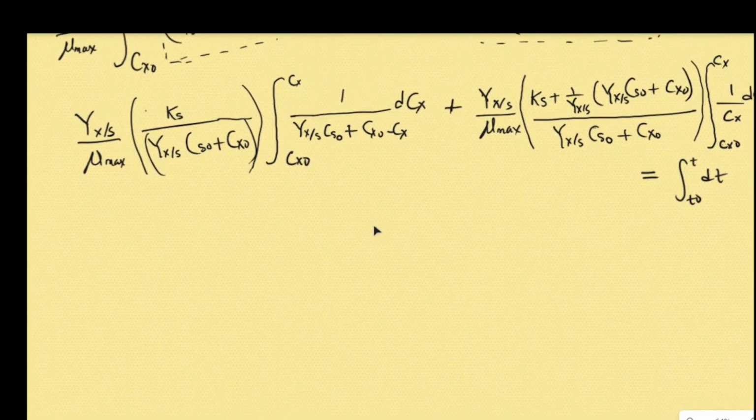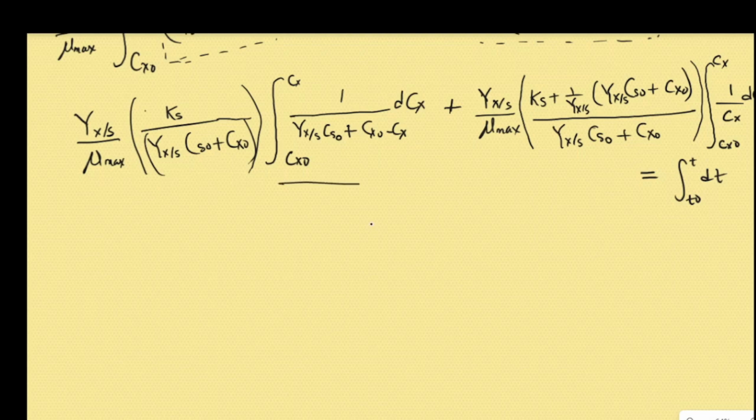So when you organize it like this, the next thing we're going to do is integrate now. I'm going to integrate this. I'm going to integrate this. Exactly. So we'll have Y_X/S over mu max.